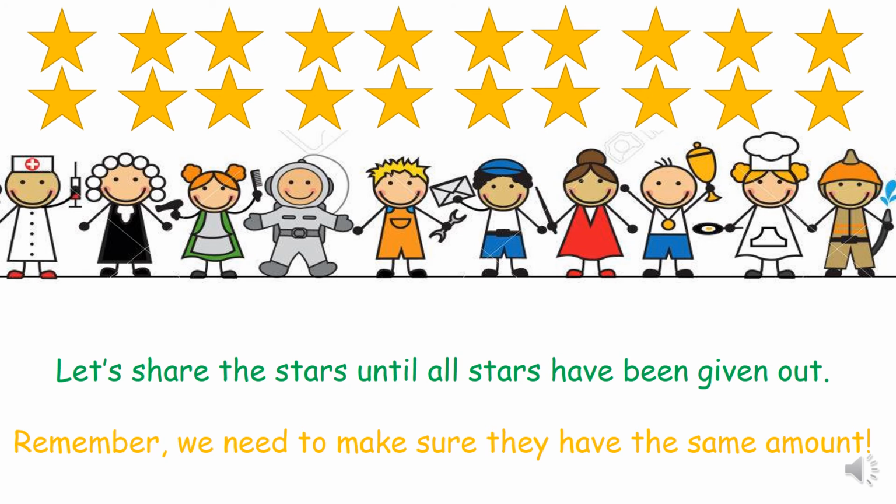Now we're going to share out the stars to all 10 people, but we need to remember to make sure that each person has the same amount, so their amounts are equal.